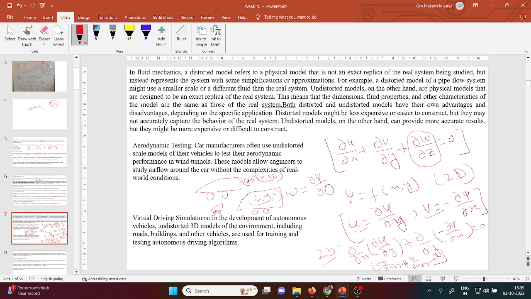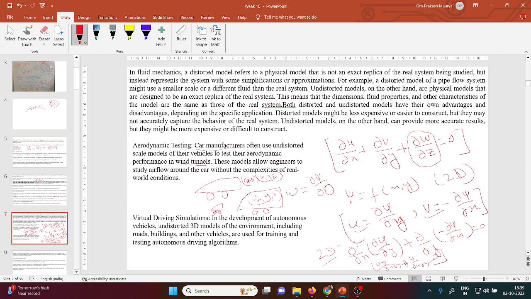For example, in the aerodynamic case, since your mechanical background is there, you can easily correlate. Car manufacturers often use the undistorted scale model when going to the wind tunnel test, to see how the streamline is happening on the surface of the car.